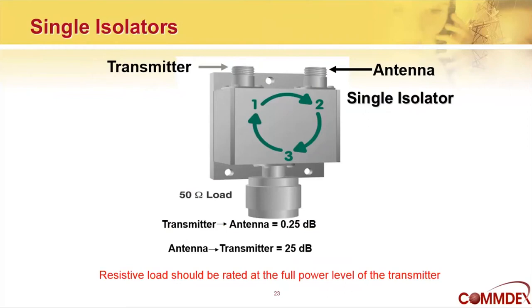So from the transmitter to the antenna, it only sees a quarter of a dB of insertion loss. But if there's a reflected signal coming back from the antenna, it has a 25 dB loss if it tries to go towards the transmitter. So the low impedance path it takes is towards the load where it gets absorbed.